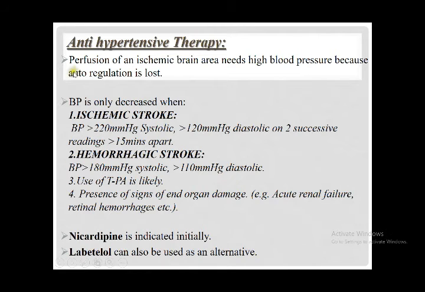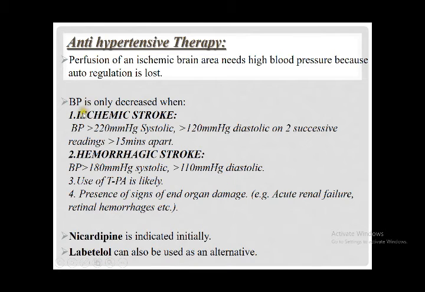So what are the guidelines for antihypertensive therapy with acute cerebrovascular accident? In ischemic stroke, perfusion of an ischemic brain area needs high blood pressure because autoregulation is lost. So in an ischemic brain area, you should not rapidly decrease the blood pressure, compared to hemorrhagic stroke.